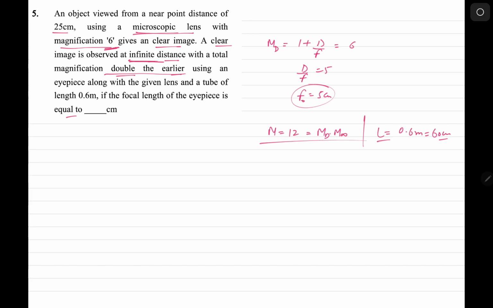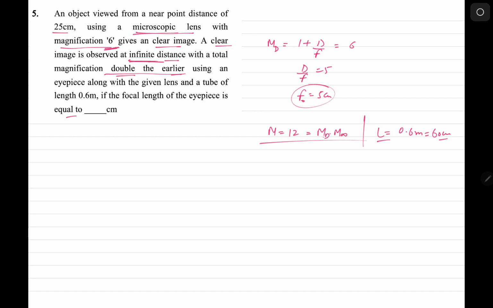Like MD is 6 here, so M infinite is 2. So now the lengths FO and FE, yeah, fine, we can go with this.